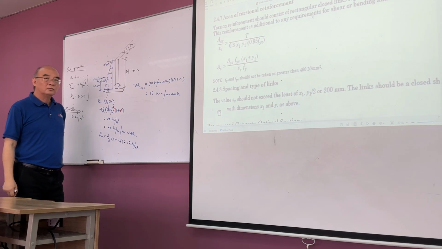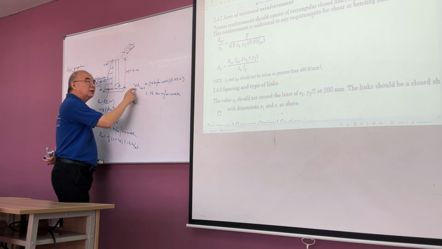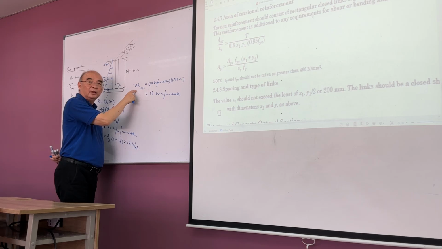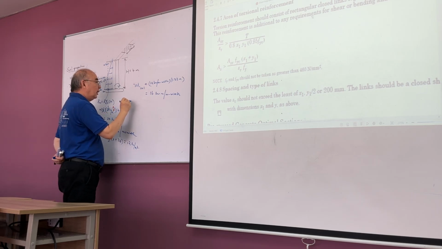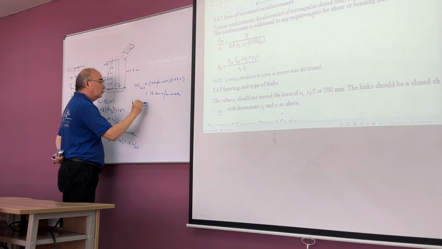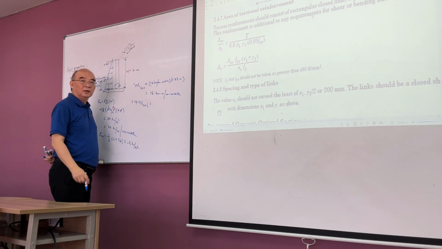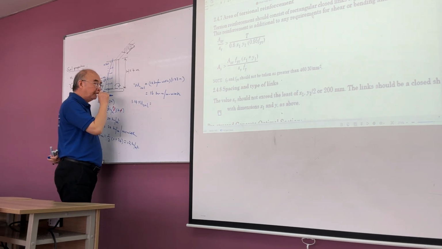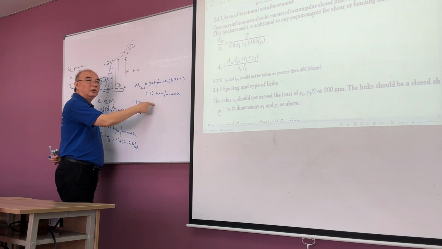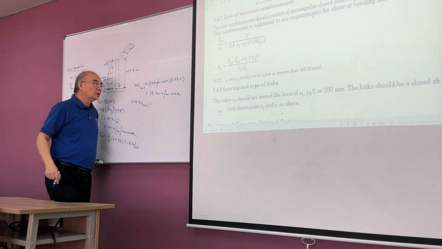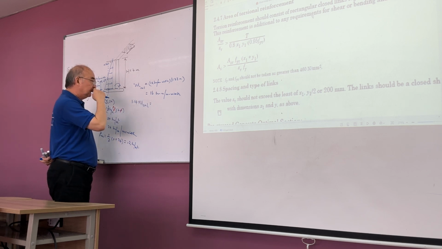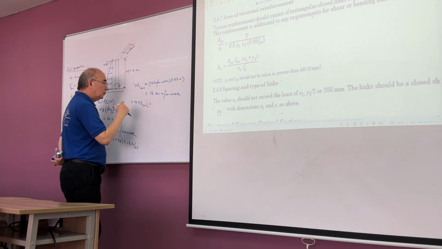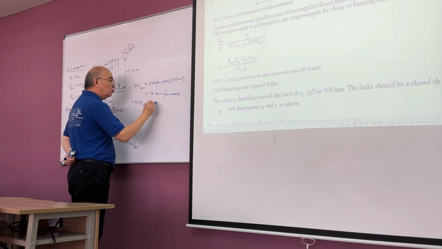Alright. Understand? Then this one is a service load, right? So I need to find the factored load, 1.4 M soil. Okay, understand? So what is this value here? 1.4 M soil is 22.4.